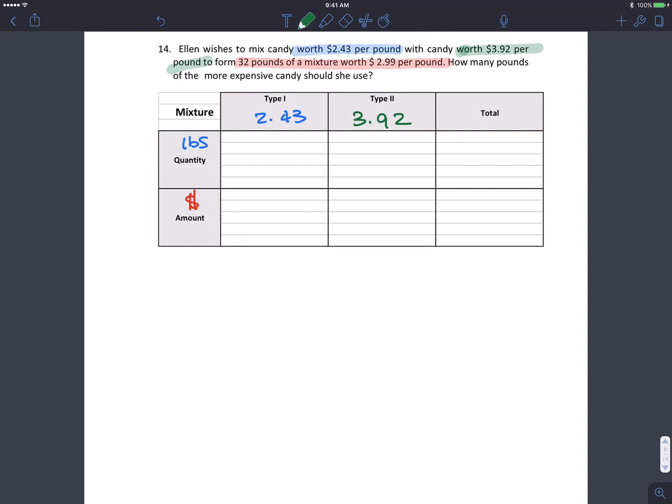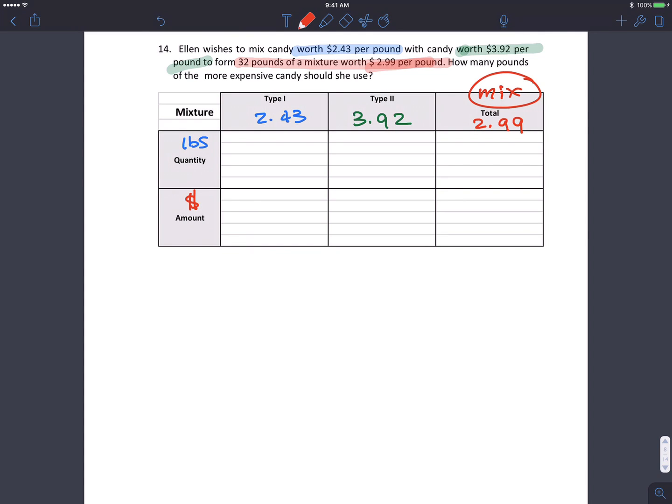And ultimately, they're going to make a mixture that's worth $2.99. It says right here in red. We'll emphasize that. The mixture, and this over here is where your mixture ultimately is going to be about.